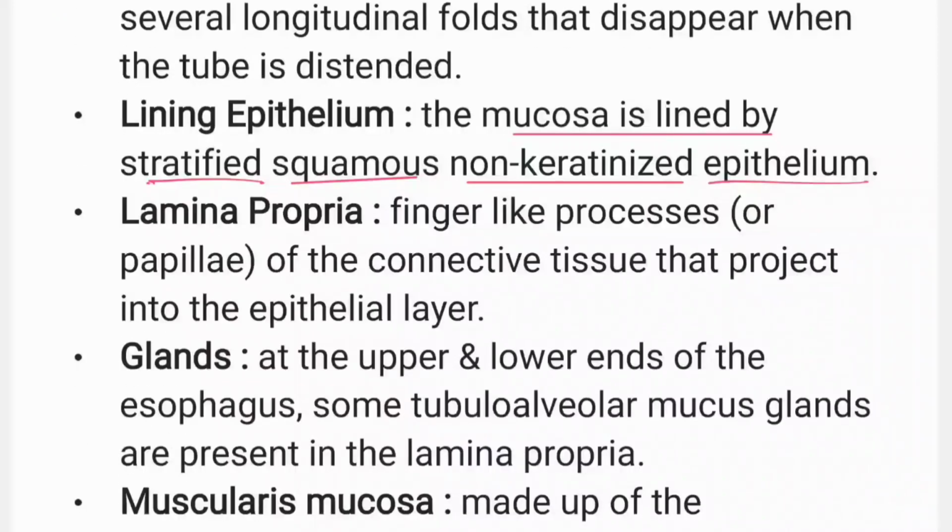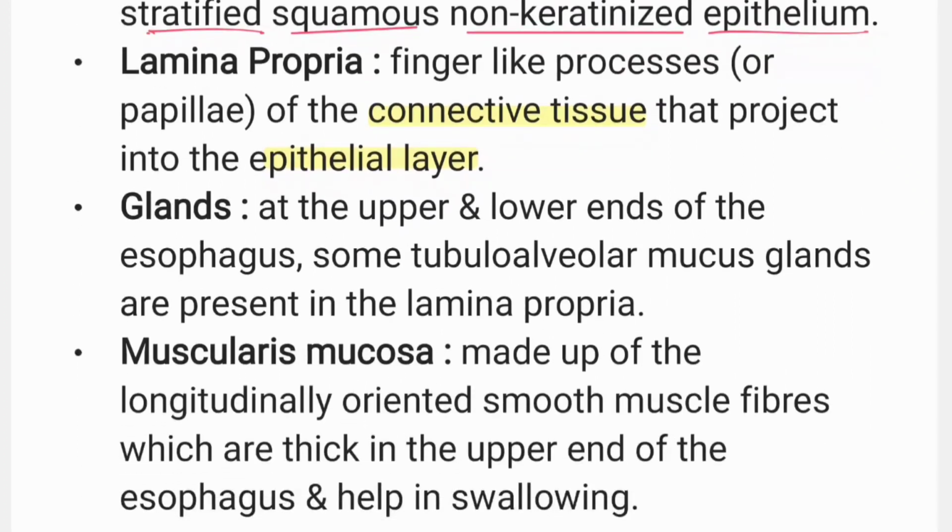Now the lamina propria. The lamina propria consists of finger-like processes of connective tissue that project into the epithelial layer. We will see this in the diagram. Now glands: at the upper and lower ends of the esophagus, some tubulo-alveolar mucous glands are present in the lamina propria.